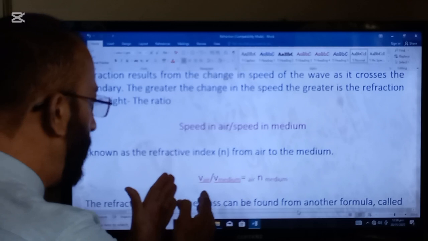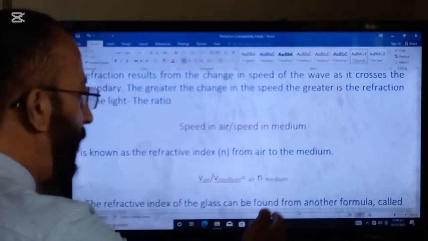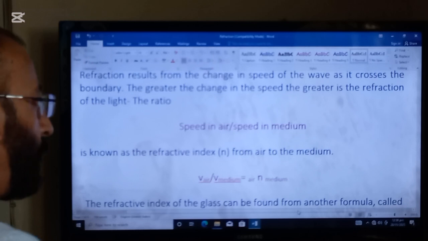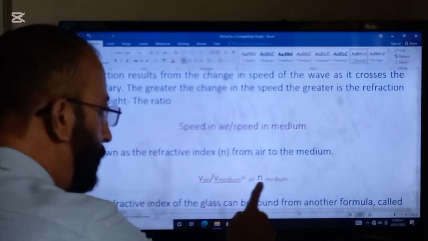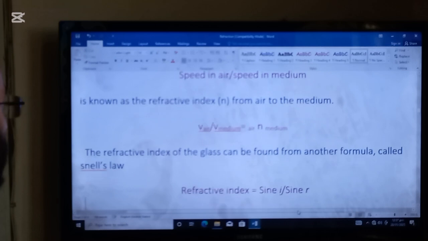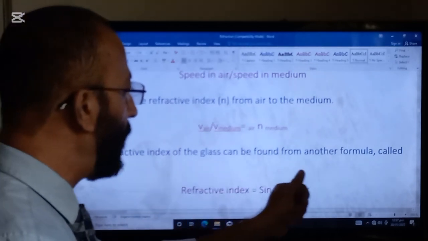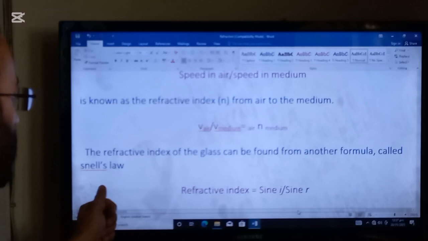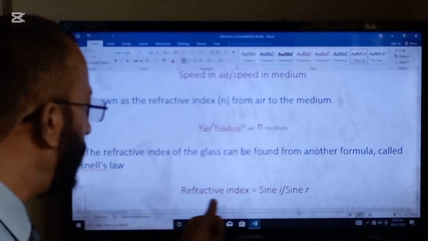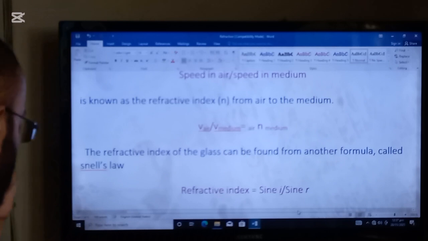So the speed in air over speed in medium is equal to the refractive index from air to medium. The refractive index of the glass can be found from another formula called Snell's law. And Snell's law is sin I over sin R is equal to refractive index.